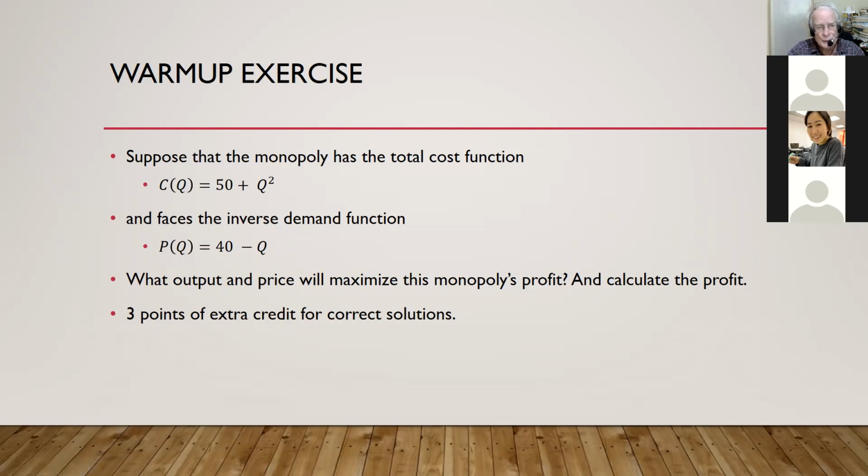And then finally calculate the profits. Good for 3 points of extra credit. So let me know what your solution is. Don't worry about whether the solution is wrong. There's no penalty, only a bonus in this case. Okay, 5 minutes, and then we will come back together as a class to solve the problem.